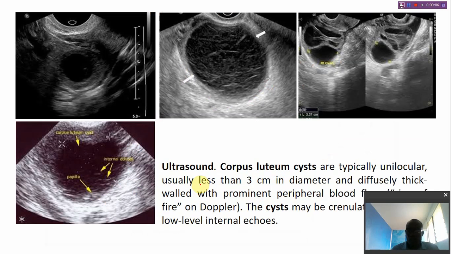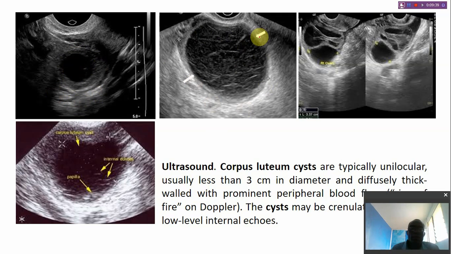So the next is the sonographic views of all that we talked about in this image. So these are ultrasound images of the mature follicle, the corpus luteum, and a ruptured follicle, Graafian follicle. So the first image here, you can see a mature follicle.